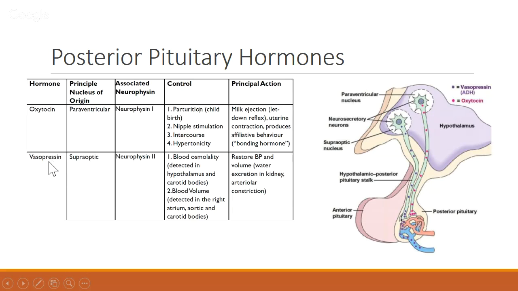Firstly, it constricts vessels, hence vasopressin, and secondly, it is the antidiuretic hormone, so it retains water. And this is basically because it was discovered at a similar time by two different groups of people, so it has two names.